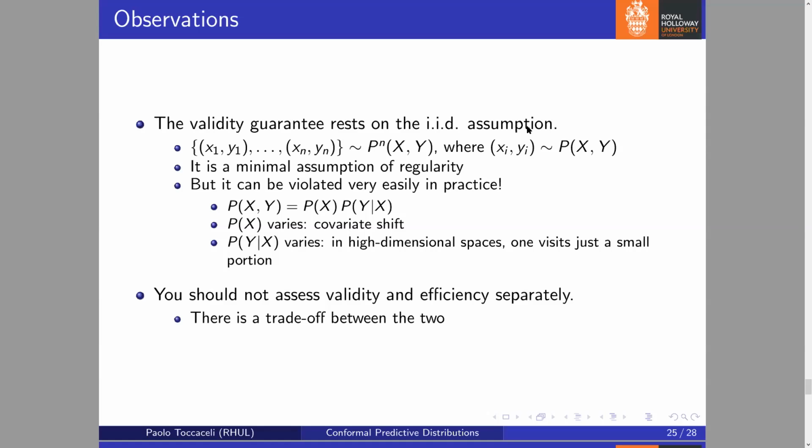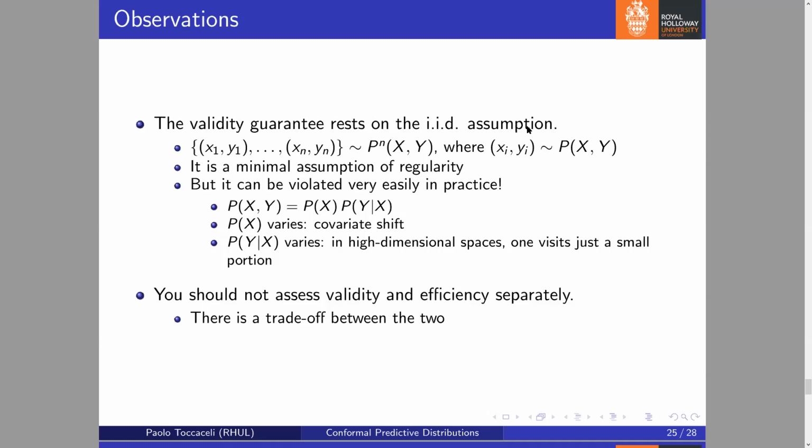And sometimes it's not so much the fact that we are facing a non-stationary problem, but it's the fact that in high-dimensional spaces, one visits just a small portion of the entire space. In the case that I showed you in the previous slide, I had a data set with 130,000 compounds, and each was defined by more than 100,000 features. This space cannot be visited in its entirety.